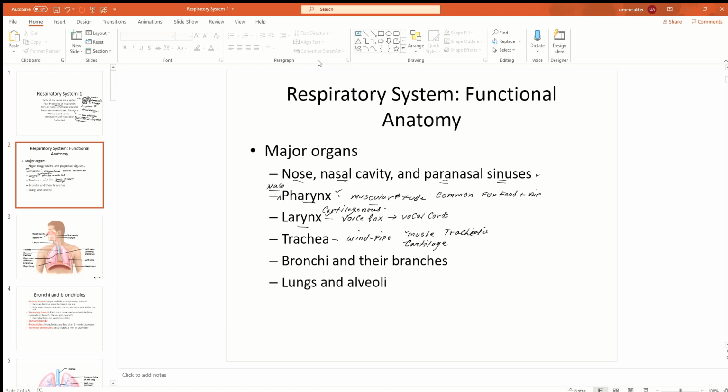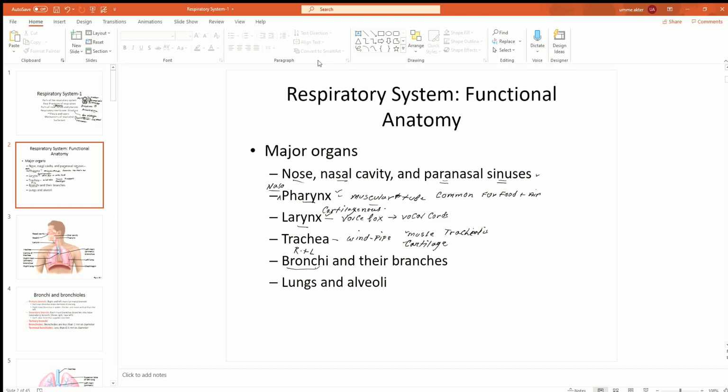Okay, then I told you the lower end of the trachea divides into two bronchi, primary or main bronchi, and they enter into your right and left lungs. So two bronchi, right and left, and then they divide again and again inside the lung to form the bronchial tree.